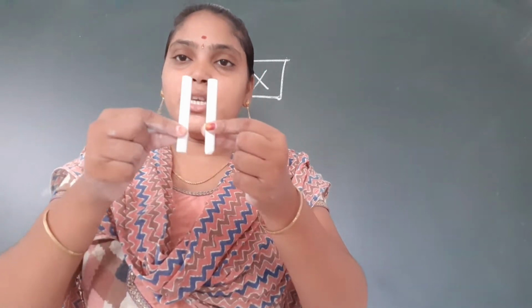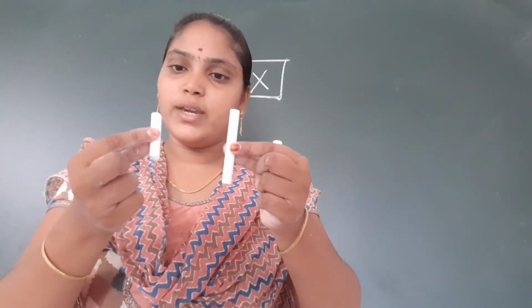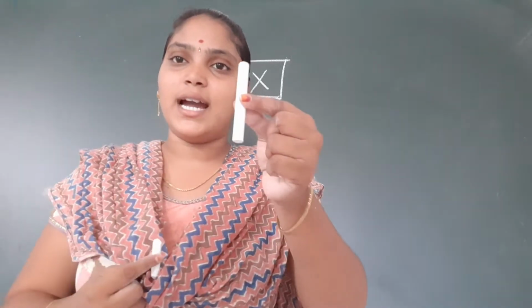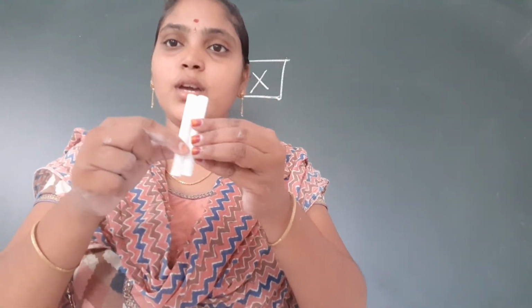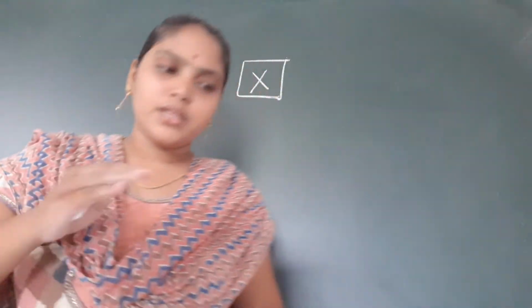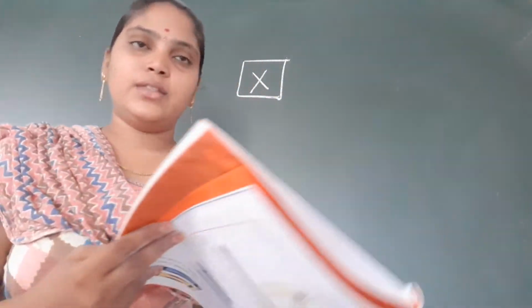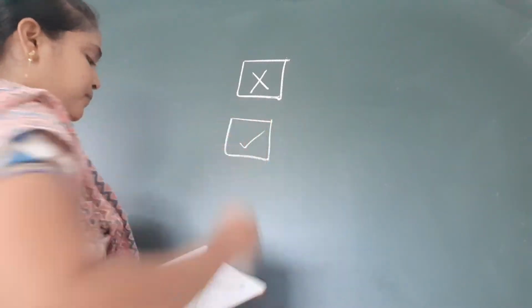But when we compare these two, we can say this is shorter and this is longer. So similarly, the two pencils are equal in length. Yes, this is correct. So put a tick.